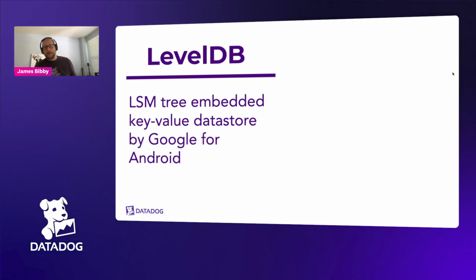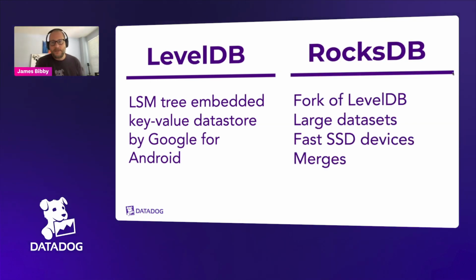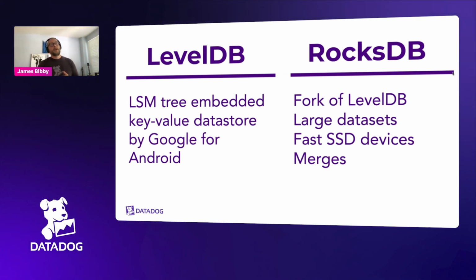TagDex originally was written on top of LevelDB. At some point in time, Google or Facebook actually forked LevelDB to create RocksDB, and it was really focused on high write throughput, large data sets.